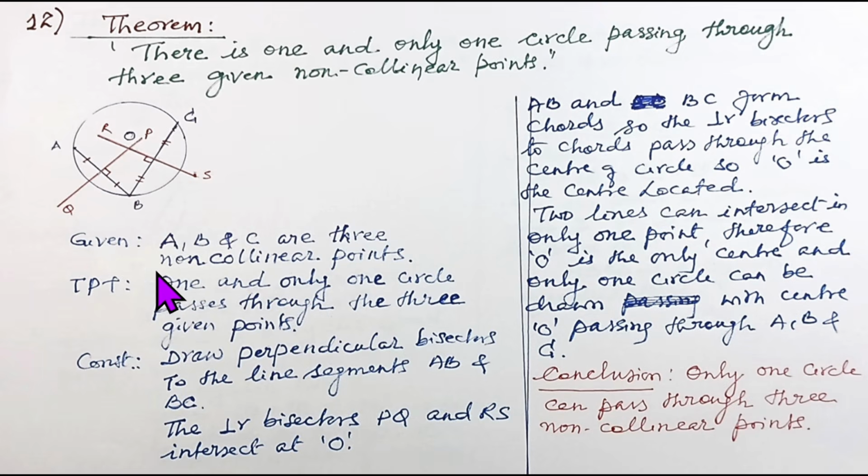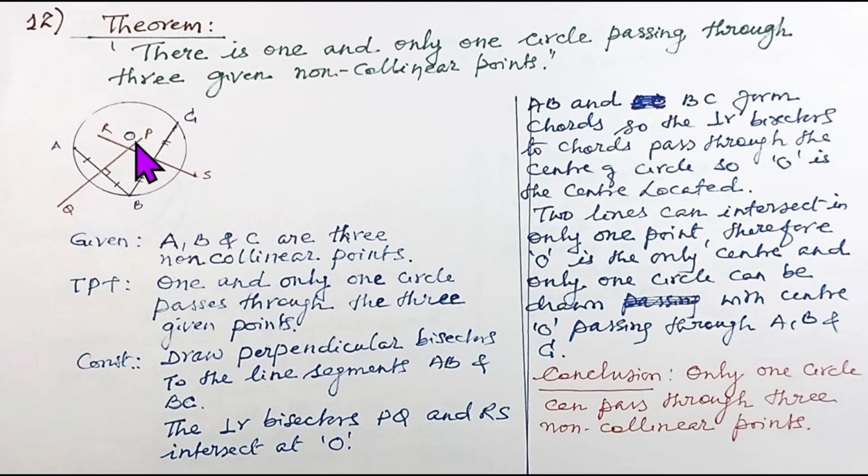For that, let us draw perpendicular bisectors PQ and RS to the line segments AB and BC, and the two perpendicular bisectors intersect at point O. AB and BC form the chords of the circle, and the perpendicular bisectors of chords pass through the center, so that point O has to be the center of the circle.